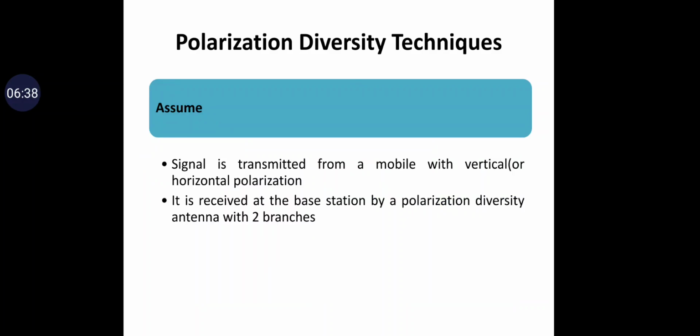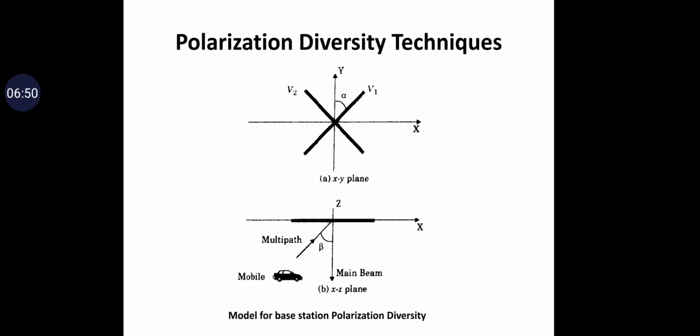So let's assume that the signal is transmitted from a mobile with vertical or horizontal polarization. It is received at the base station by a polarization diversity antenna with two branches. So this is the figure. It is the model for base station polarization diversity.